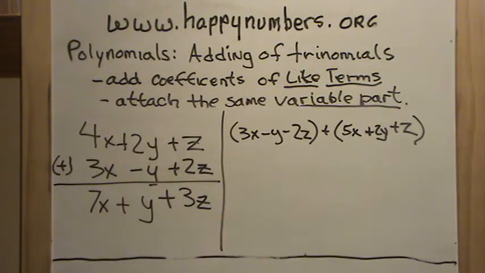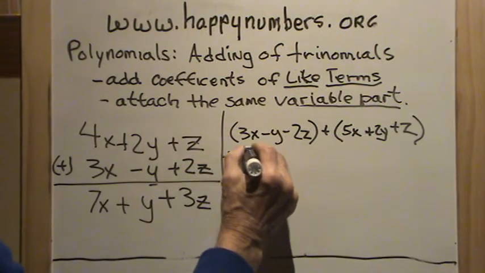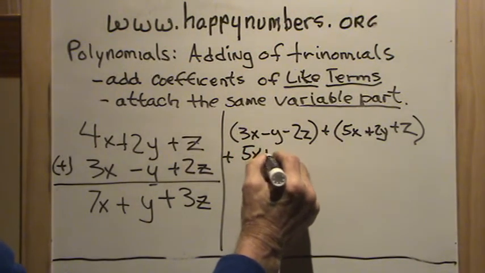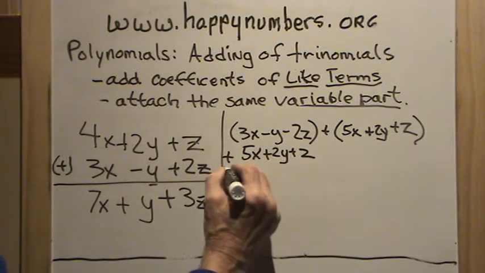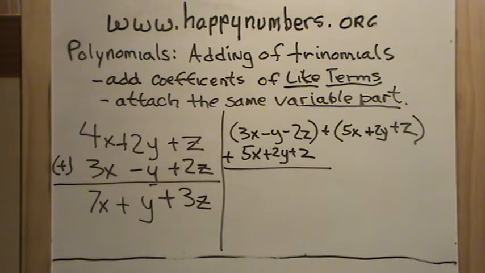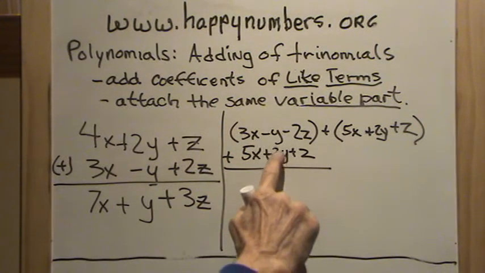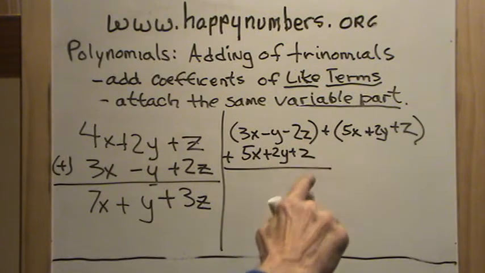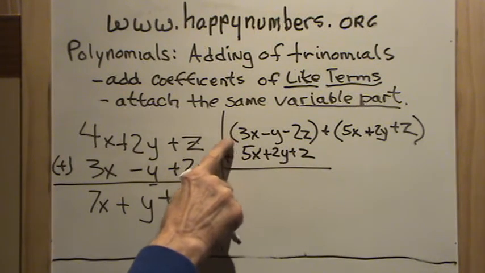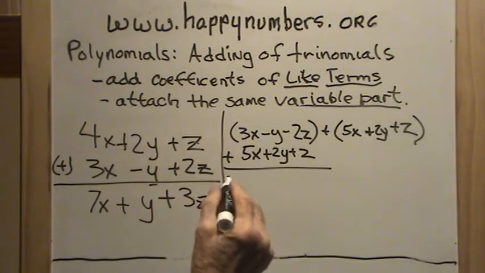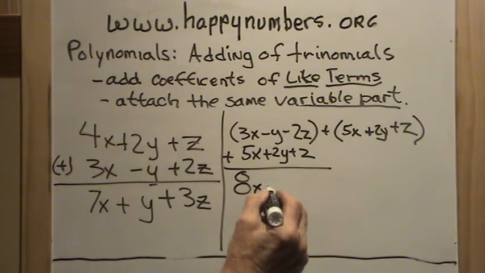Now in this problem, all you had to do was write it like this: 5x plus 2y plus z. And then you just combine it. These two terms are similar, these two terms are similar, and these two terms are similar because their variable parts are the same. So I just combine them. 3 and 5 is 8, and I use the variable part x.